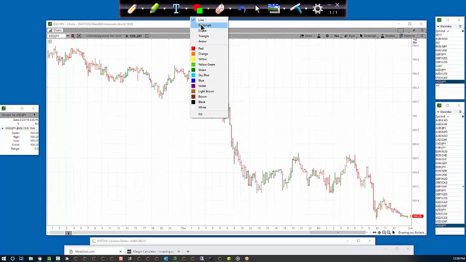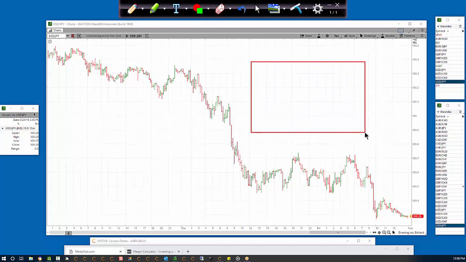And let's make a rectangle, okay? And let's say that this rectangle represents one full lot of a currency pair. Well, one full lot of a currency pair is 100,000 units of the base currency.